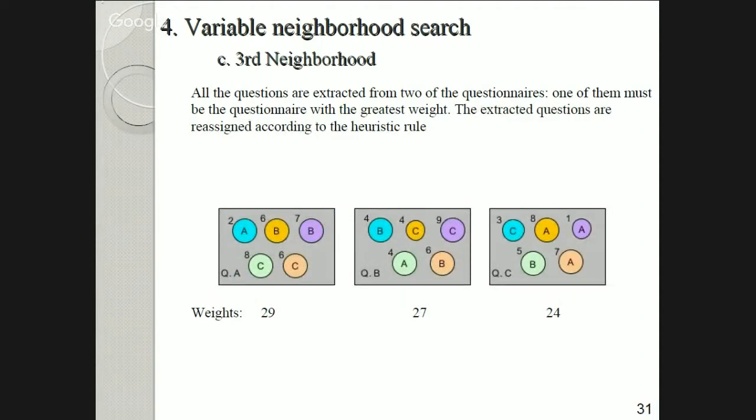This is easy because it's just three questionnaires, but even if you have 50 questionnaires, reassigning two is very easy with the heuristic, and for two questionnaires the greedy heuristic always gives the optimum. So at least you know that those two questionnaires are optimally assigned. The rest is still pending.